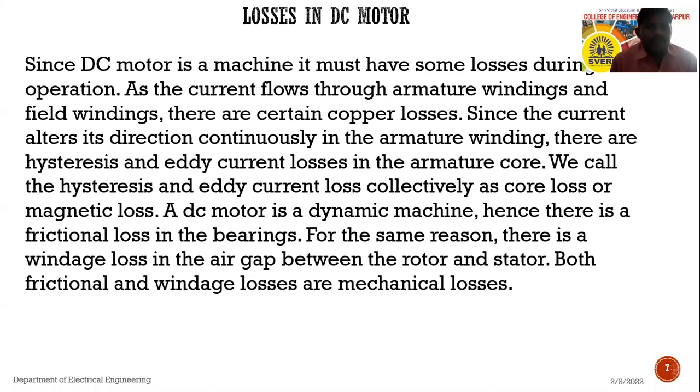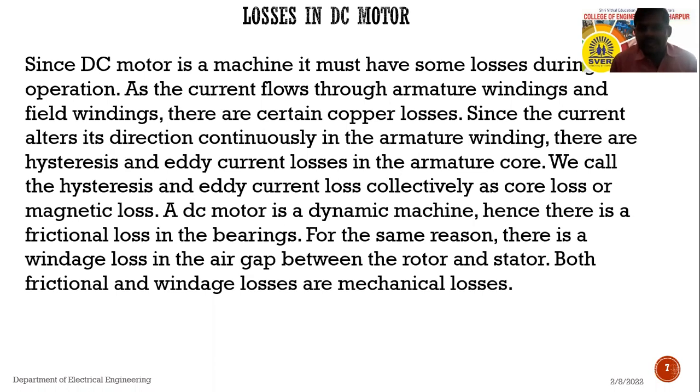Now the DC motor is a dynamic machine, that means it has some rotating parts, hence there is a frictional loss in the bearing. Due to the rotational force, a rotating mechanism like a bearing is required for smooth operation.